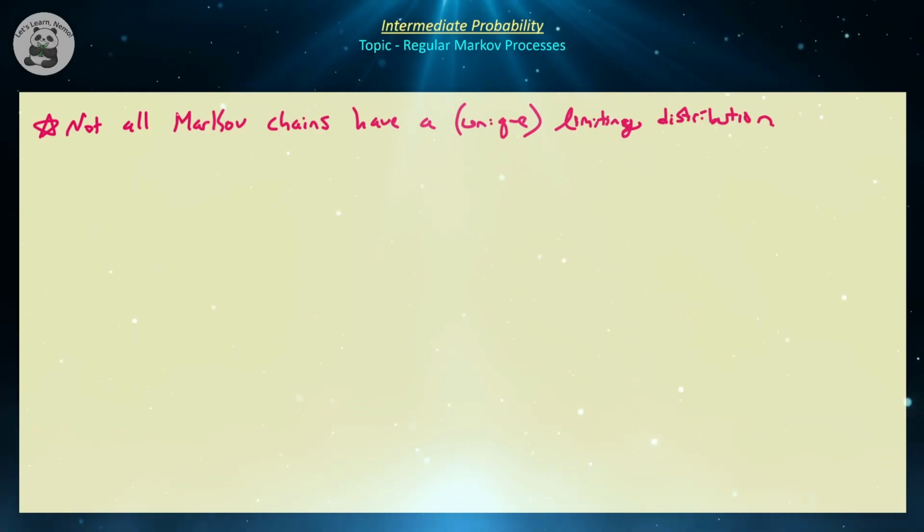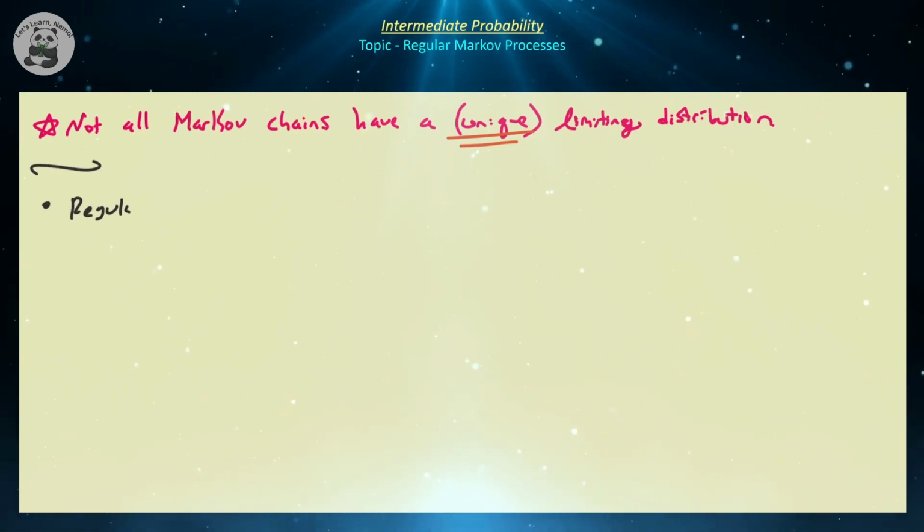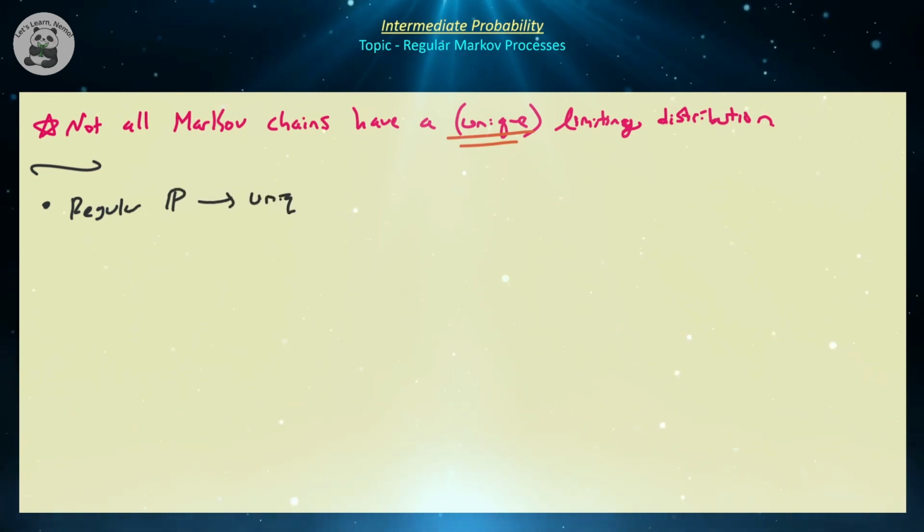As you are probably wondering, yes, there are Markov chains that do not have a limiting distribution. I'm also going to throw in the words unique limiting distribution, provided that the Markov chain is not a regular Markov chain, right? At least up to this point, we have that if we have a regular stochastic matrix P, then we obviously have a unique limiting distribution q.